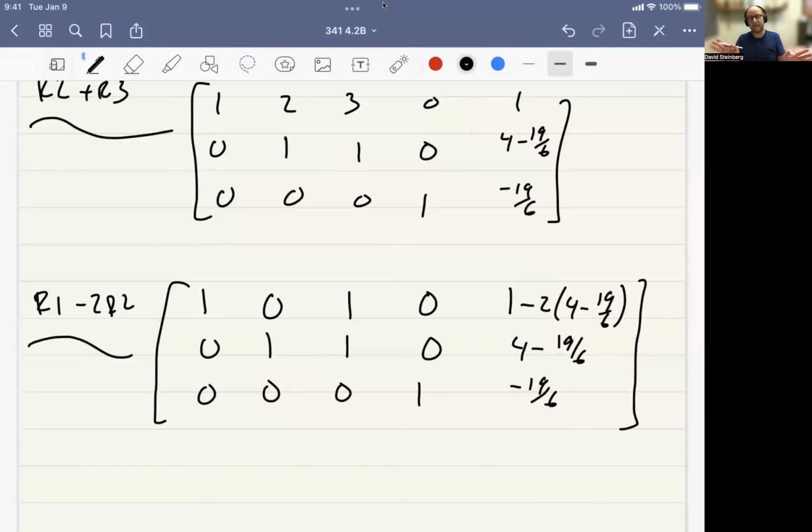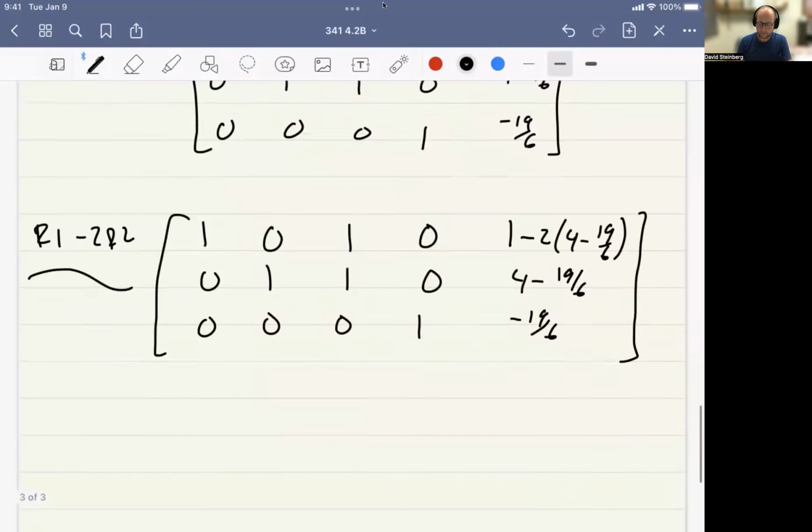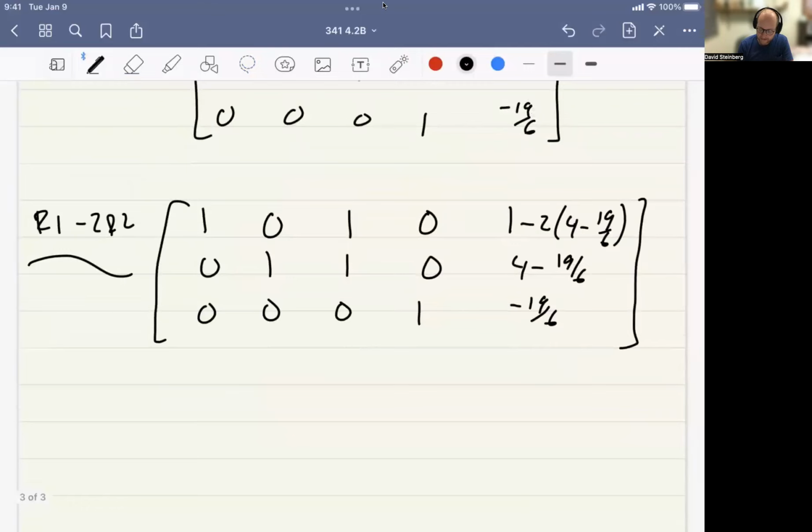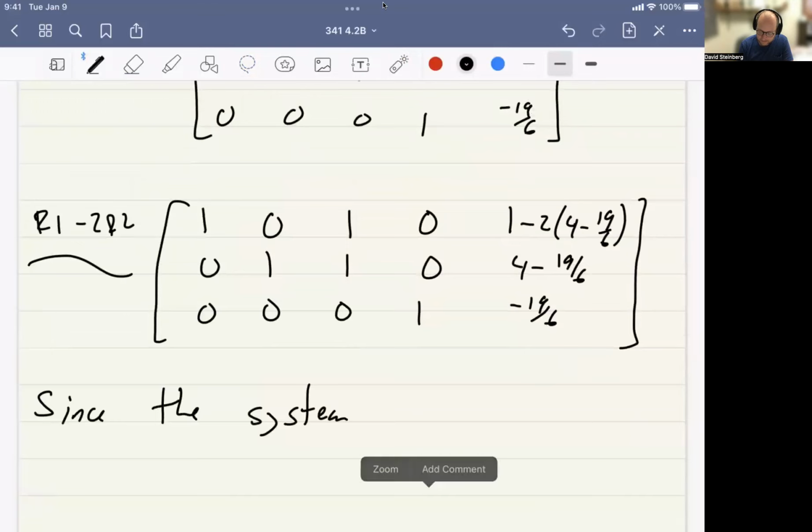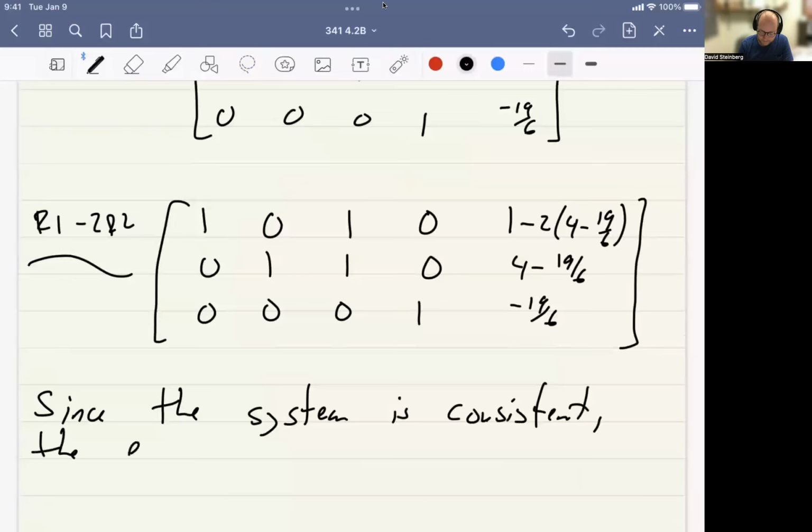But the important thing is we've got a consistent system. Since the system is consistent, the equation Ax equals b can be solved.